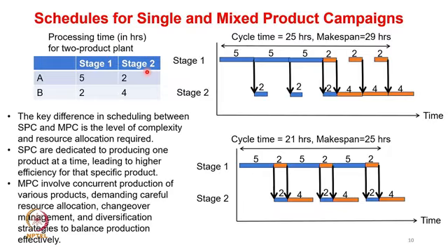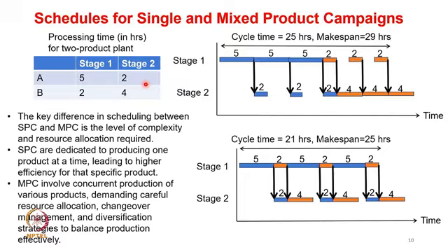This is of course a schematic illustration of a 2 product plan. Product A has to go through stage 1 for 5 time units, let it be hours, and stage 2 for 2 hours, and product B has to pass through stage 1 in 2 hours and stage 2 in 4 hours. So this is a slightly more convoluted problem to resolve.